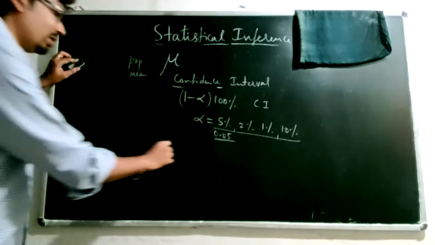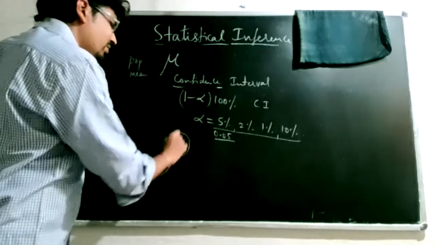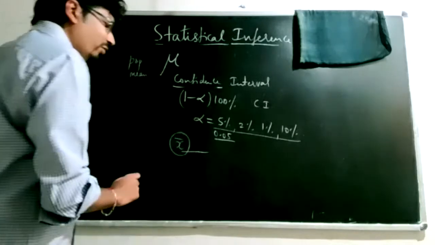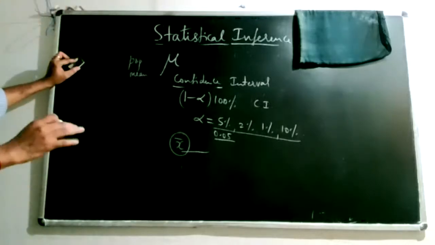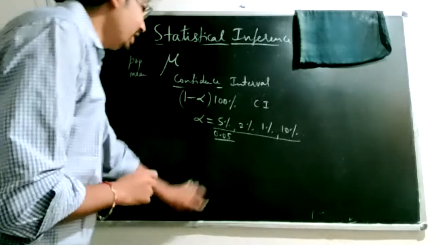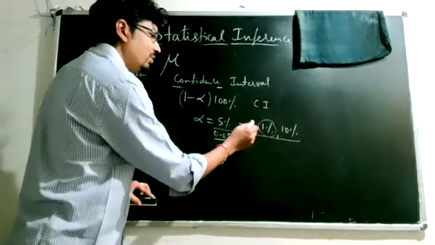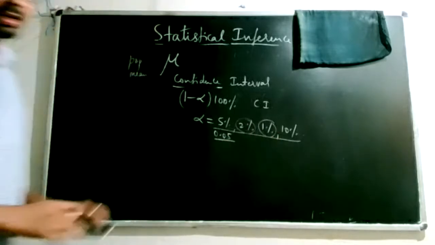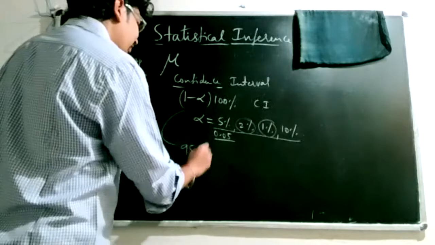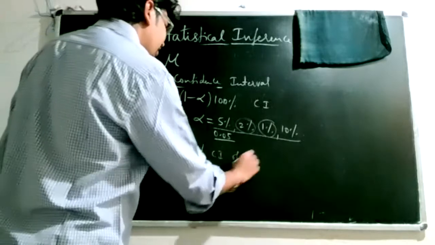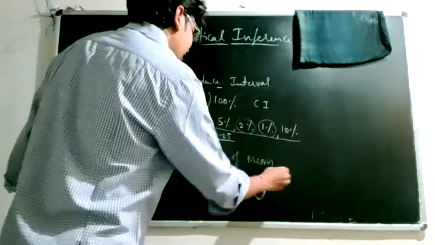As we observed, our decision is solely based on only one observed value of the mean. We are not observing all possible values of x bar. So that marginal error will be there. As far as possible you can reduce it, but you cannot completely eliminate it. Now, what is this 95% confidence interval of mean or proportion indicating?